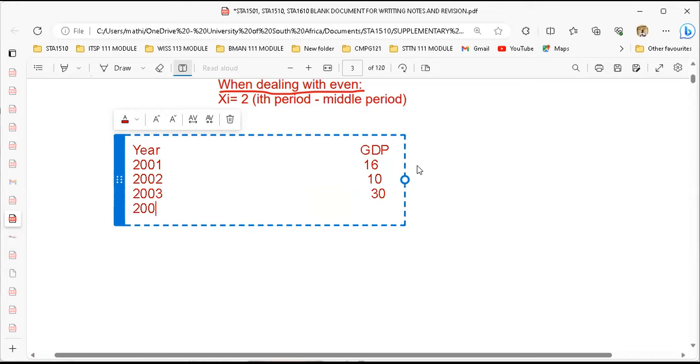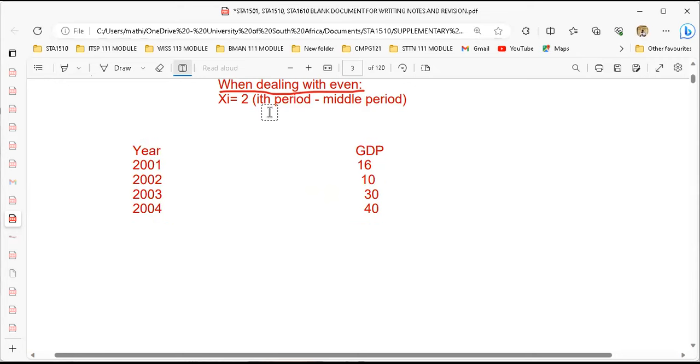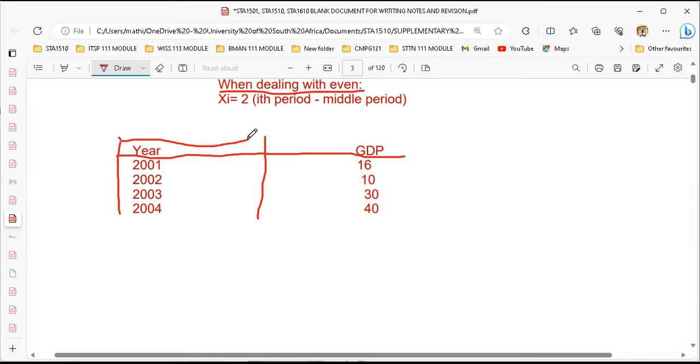And then 2004, and let's say we have 40. Okay, let's use this example. I'm going to try to do a table here so that you can all see. Okay, this is my table, not drawn to scale.